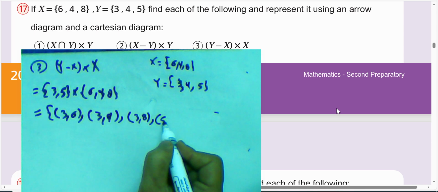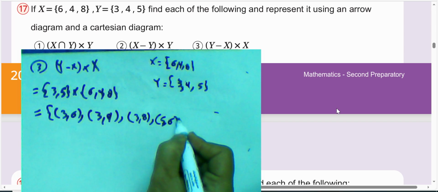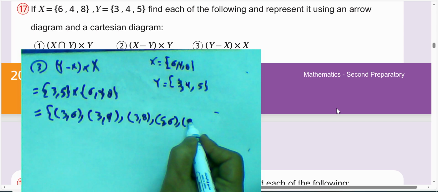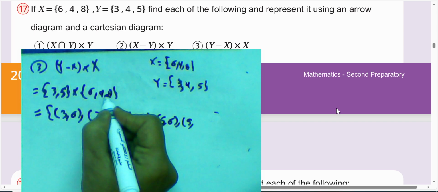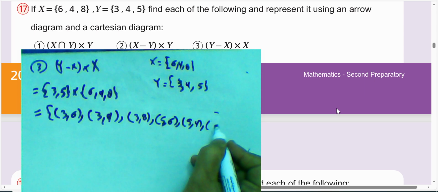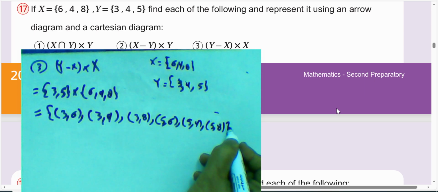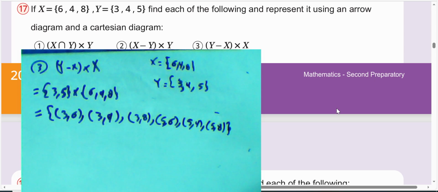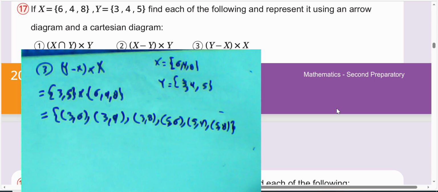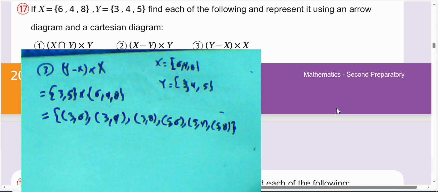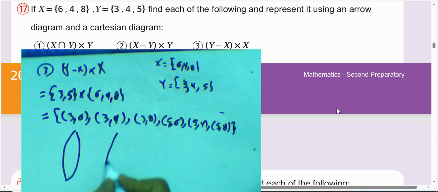And then 5 with 6 and 5 with 4 and 5 with 8. Okay, this is number 3. I want to draw now the arrow diagram. We have y difference x and x.